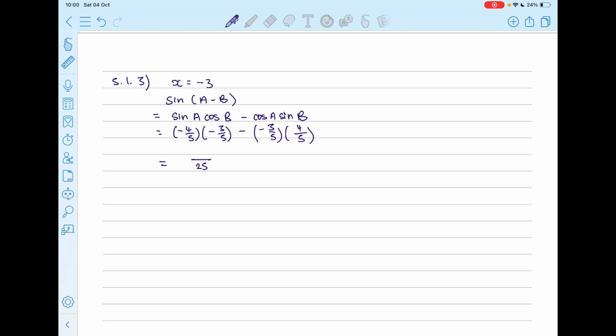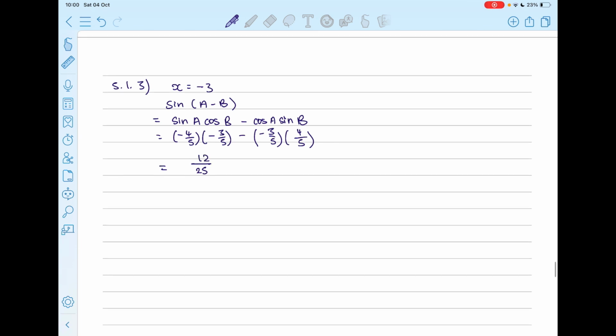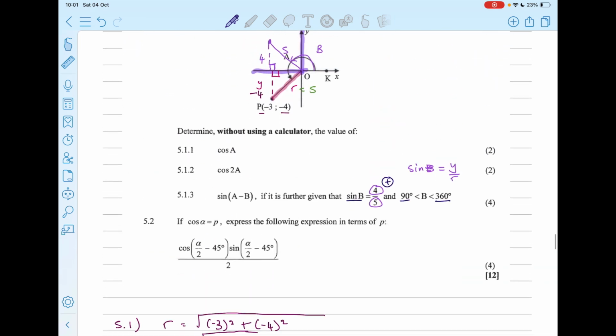So 5 times 5 is 25 in the denominator, and then 4 times 3 is 12, and it's positive, minus 25. This one's going to remain negative, so I need a bracket around it, and it's -12. So essentially, we just have 12 plus 12, 24 over 25. And that is our final answer for 5.1.3.